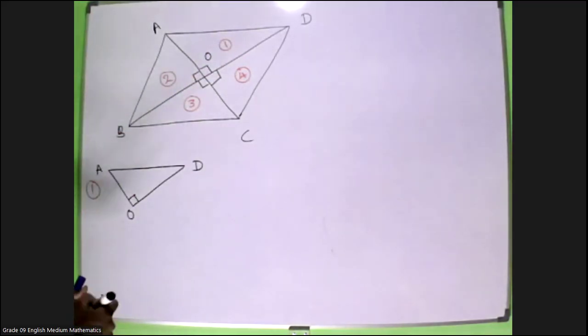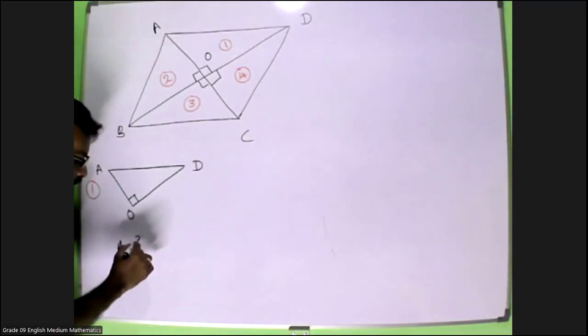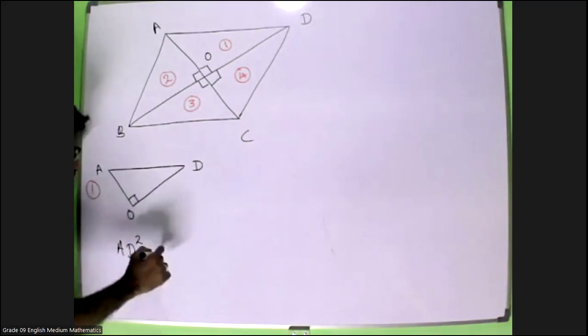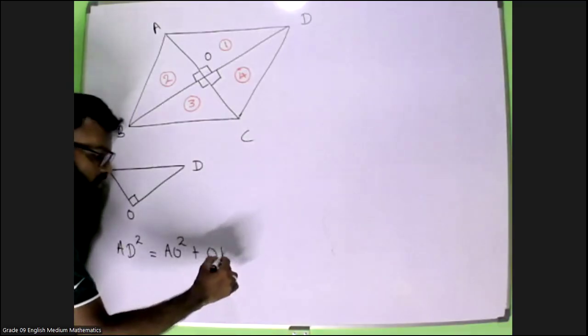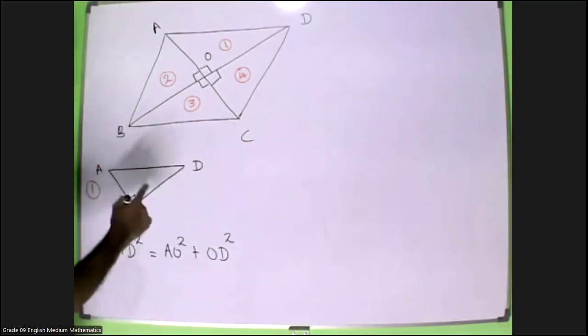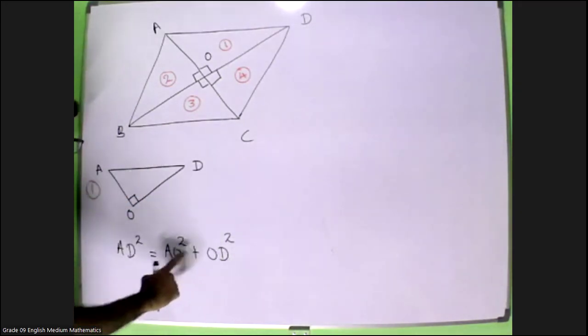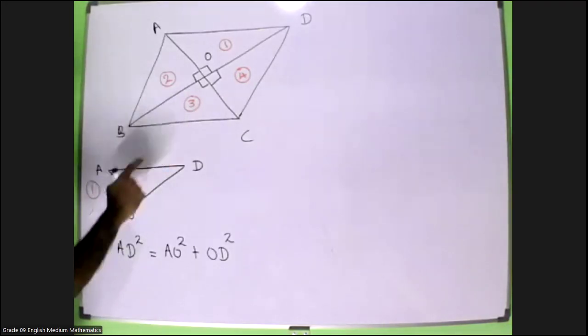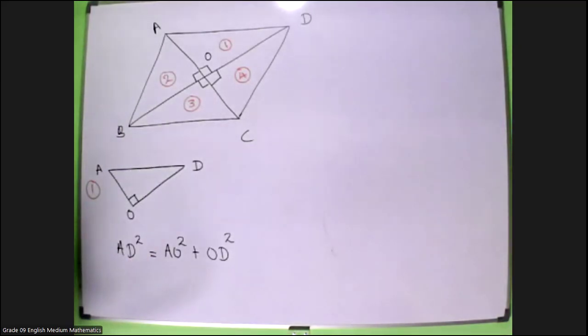So how do you apply the Pythagorean relation? What is your hypotenuse? Hypotenuse is AD. AD square equals AO square plus OD square. Try to catch the pattern now. Always identify the right angle triangle for this hypotenuse, and then write: hypotenuse square AD square equals AO square plus OD square. Very easy.